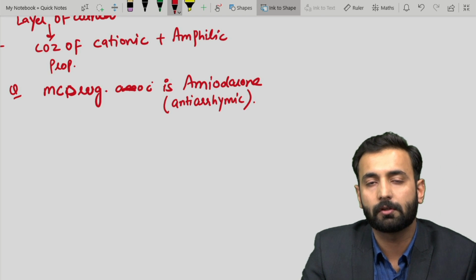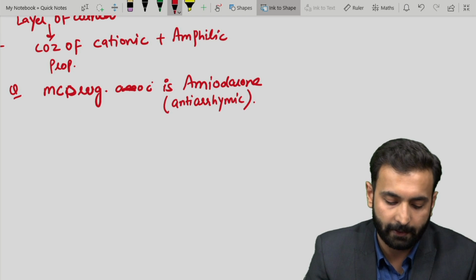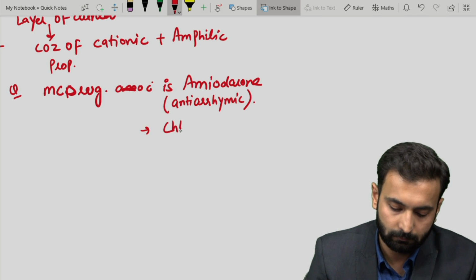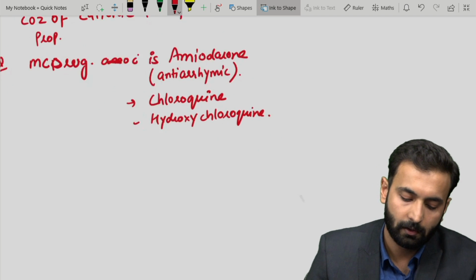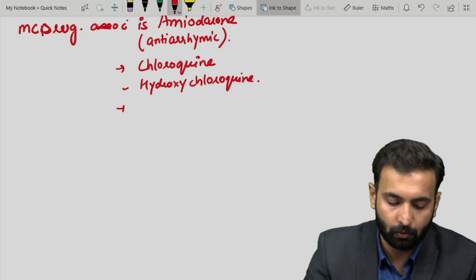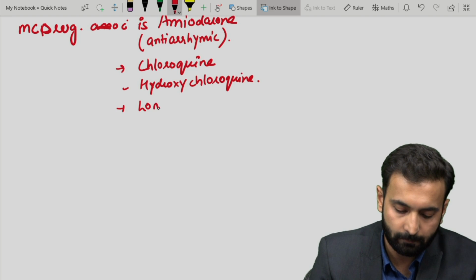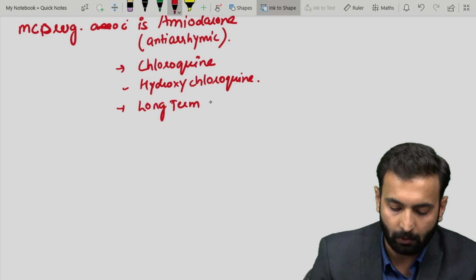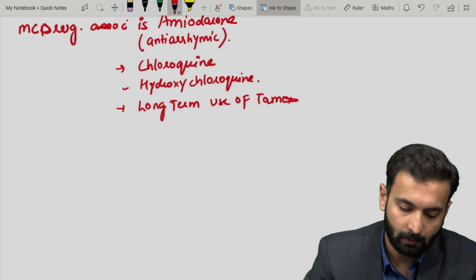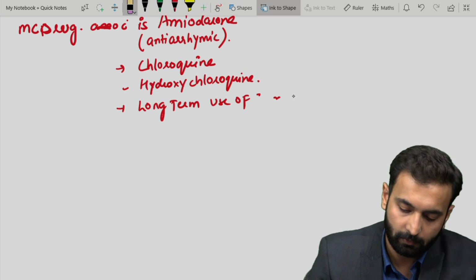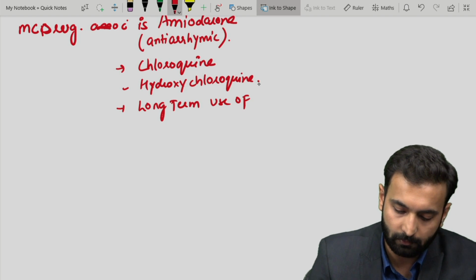It is the most common cause of vortex keratopathy, followed by the second cause, chloroquine, and hydroxychloroquine, right? And the other cause, the fourth one, is the long-term use of tamoxifen. So it is associated with long-term use of tamoxifen also.